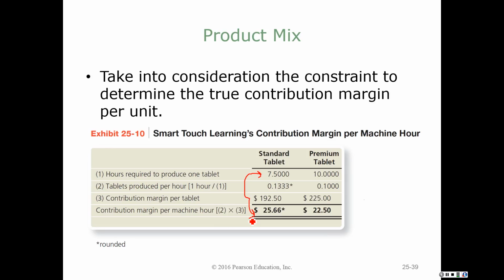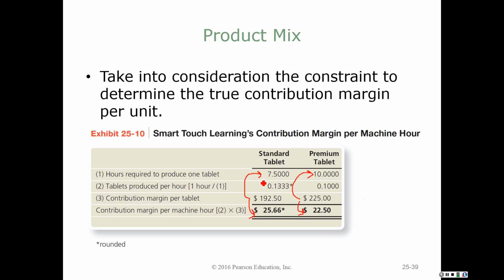Machine hours are my capacity constraint. It's the same thing. $225 in contribution margin divided by 10 hours, which is required by the premium tablets, gives me a $22.50 contribution margin per machine hour.